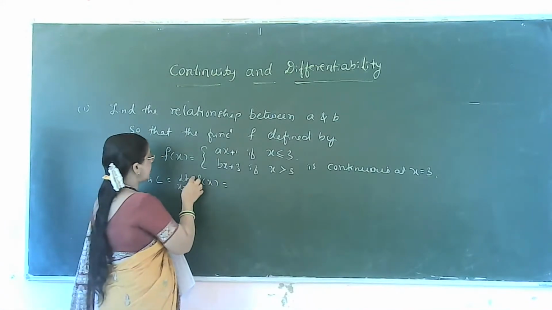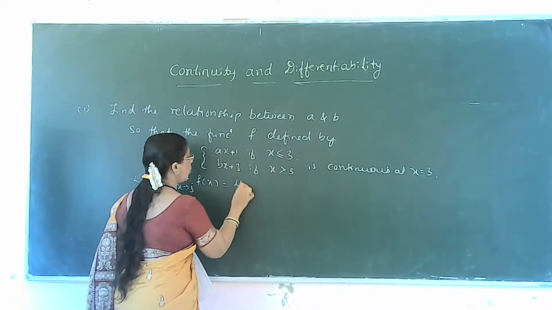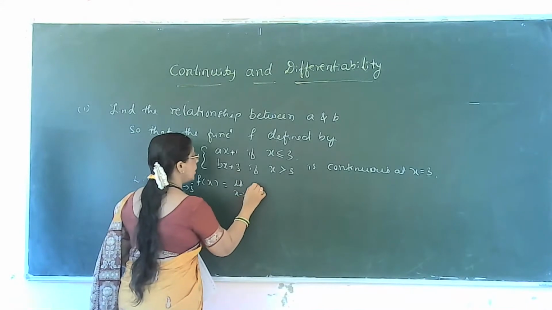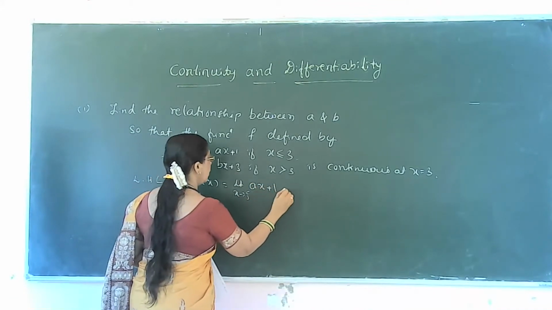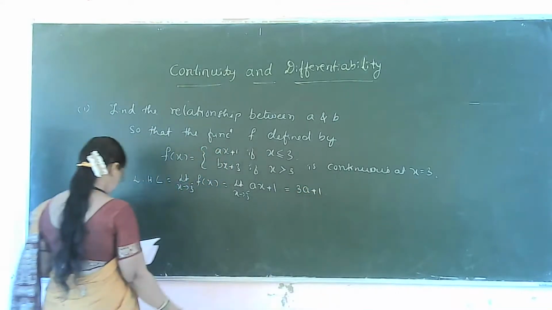Here x is less than 3, f of x is ax plus 1. Limit of x tends to 3 minus of ax plus 1 is equal to 3a plus 1.